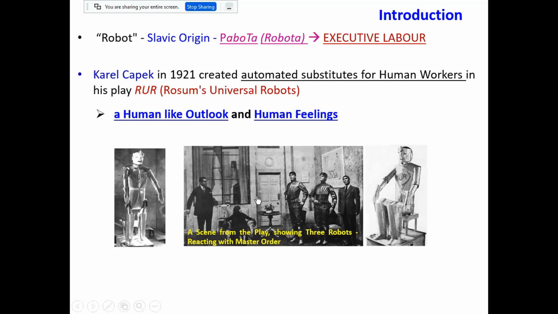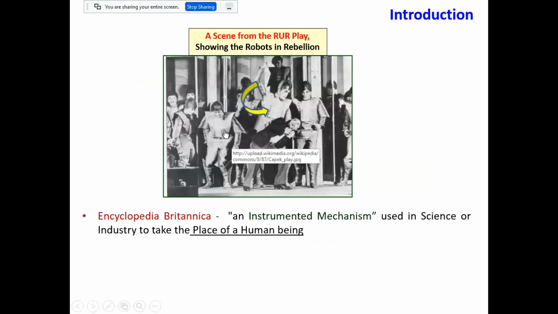And you will see here, he embedded feelings in the robots. Now you'll see the master giving the direction, and how the robots are showing the feelings. Also, you will see here, the later robots are in rebellion action against the master. You'll see the master is here, rebellion action.